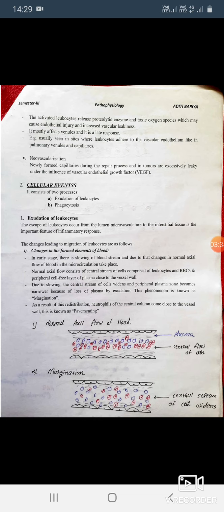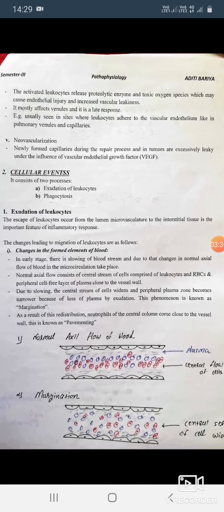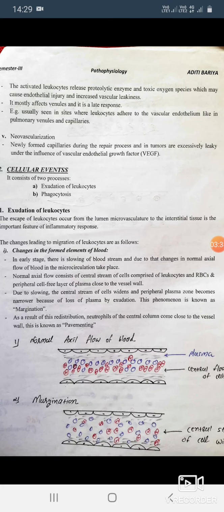In that, the first step is changes in the formed elements of blood. So here it is related with the hemodynamic changes of vascular events. What happened in that? If you remember, in vascular events, there is a vasodilatation, and due to vasodilatation, there is increased blood flow and increased blood volume, which is responsible for redness and the warmth.